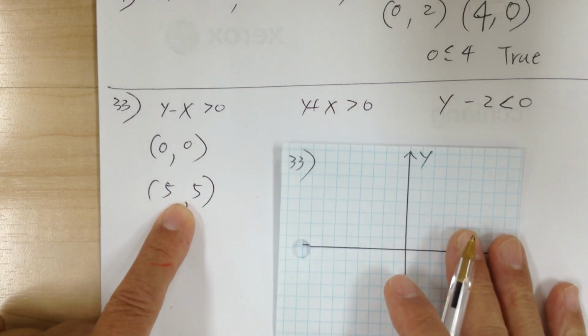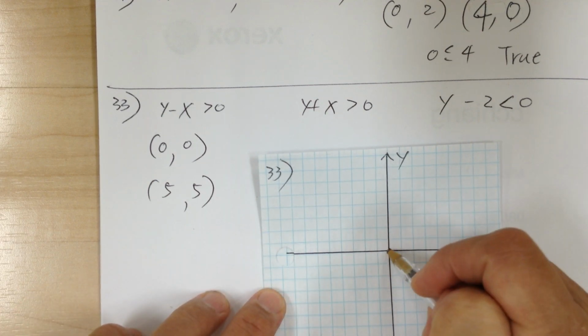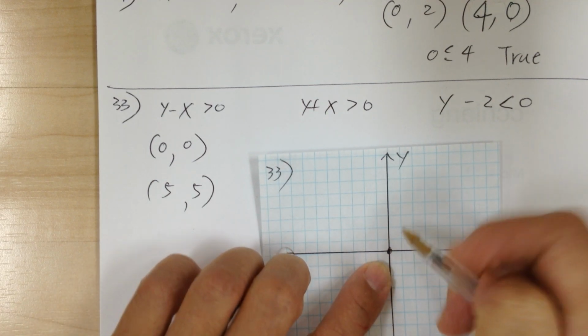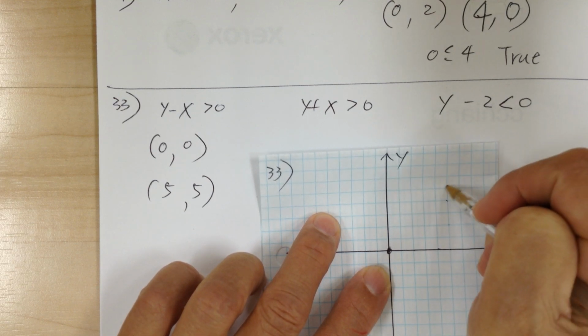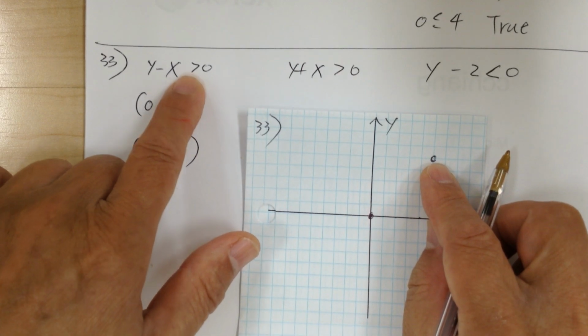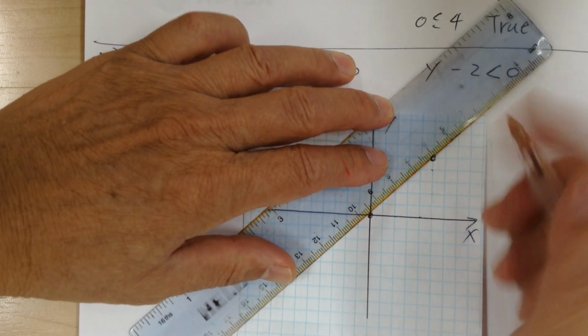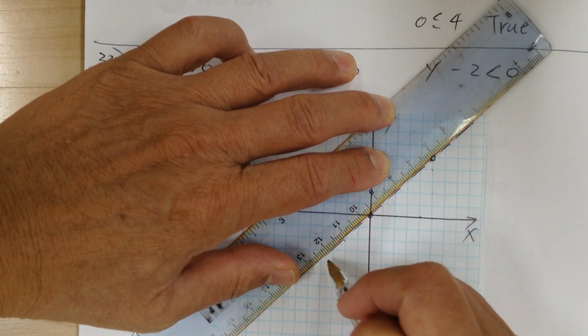These are easy equations, so you can just do that and check. So you're going to get this point, 5, 5. Now this is going to be an open circle because there's no equal, this is just greater than. So this will be a dashed line, so it will be dot, dot, dot, dot, dot.